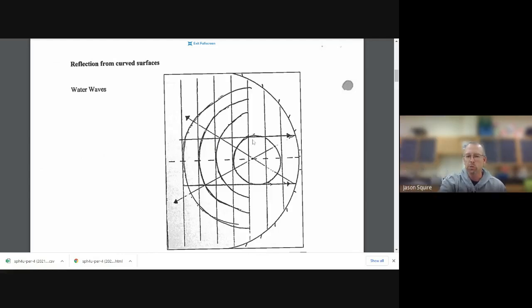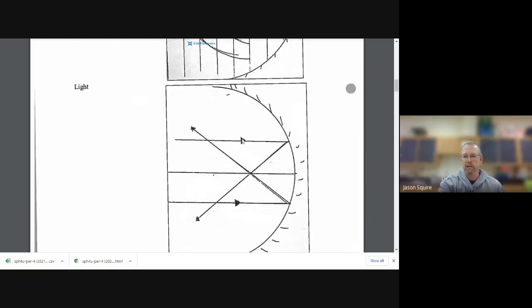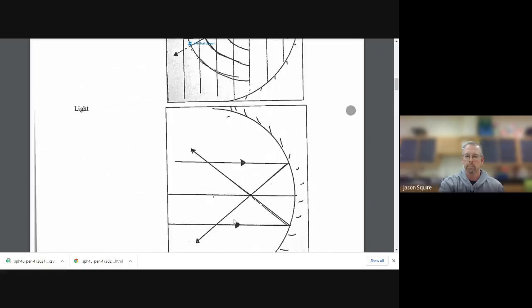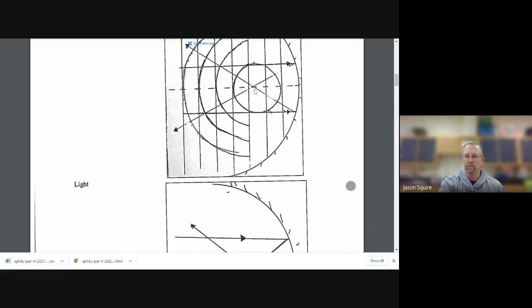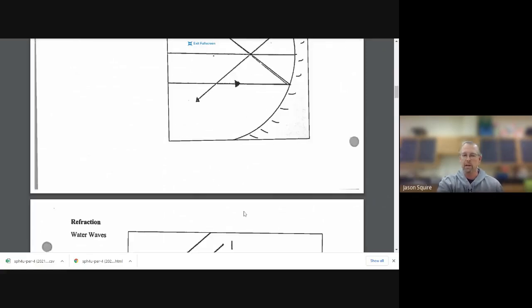That's what's being produced. You're producing curved waves coming out. And here is light from grade 10 traveling in towards this curved reflective surface and bouncing through the focal point. Water reflects in a certain way and light does the same thing. It makes sense that light must be a wave.